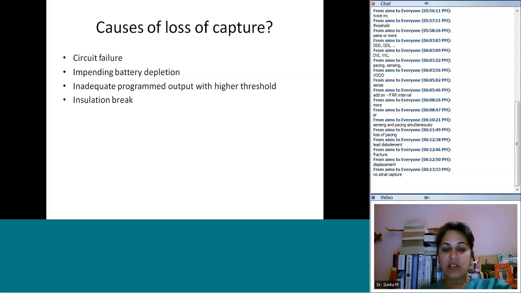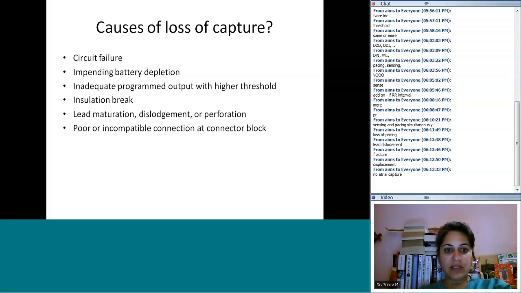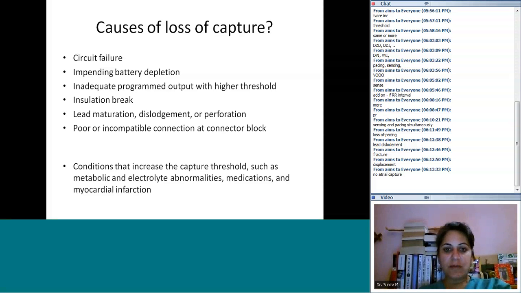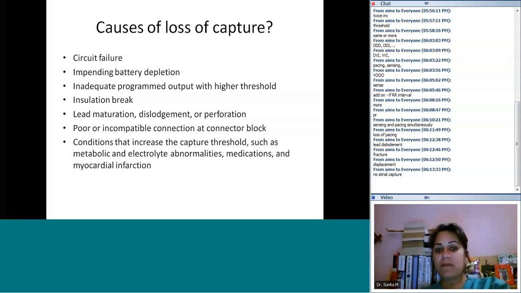Could be an insulation break, as you said, a fracture. Could be that the lead is dislodged or perforated. Could be that it's not connected properly to the pulse generator. Or it could be something that increases your capture threshold, like metabolic and electrolyte abnormalities, medication, myocardial infarction.